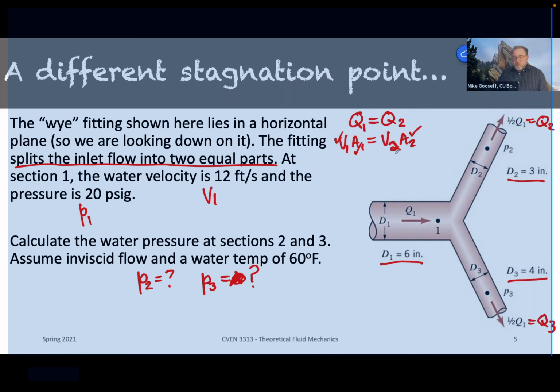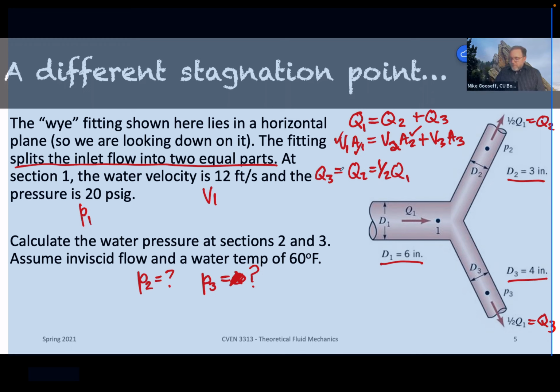Okay, and we could do the same thing with 3. Let's finish this thought. So this would be plus V3 A3, but because we know that Q2 is equal to 1/2 Q1, we should be able to figure out the velocity at both 2 and 3. Okay. And I guess we should say Q3 is also equal to Q2.